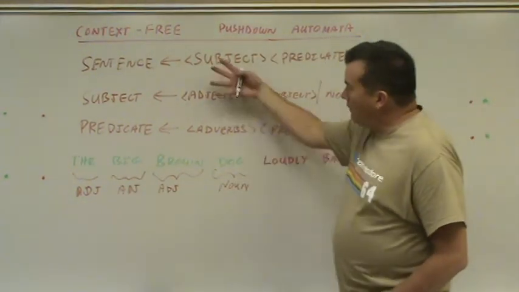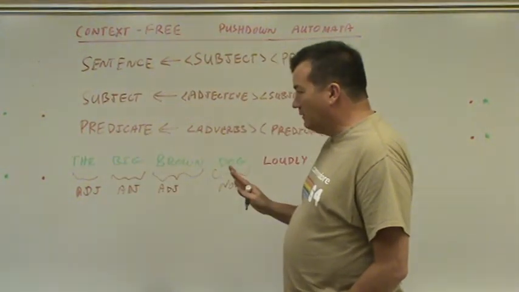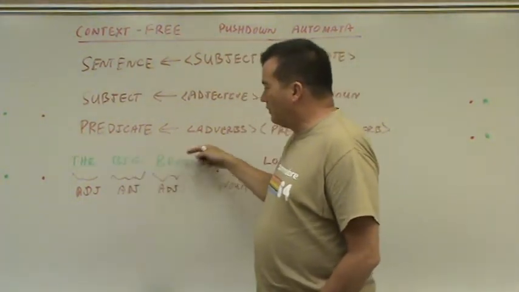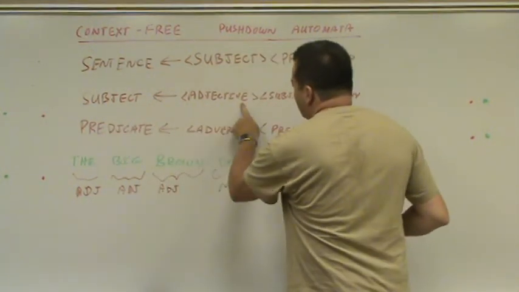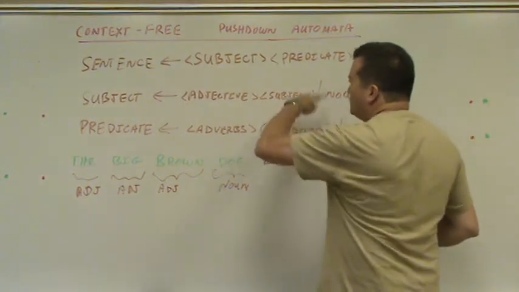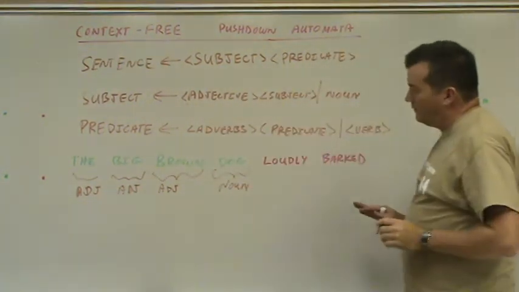So the way we've written this, we can have as many adjectives as we want. We can have 0, but we can have 1 or 2 or 3. Actually, we can have as many as we want, because we said a subject is an adjective followed by a subject. So it just keeps recursively defining itself, and then eventually there's a noun too.